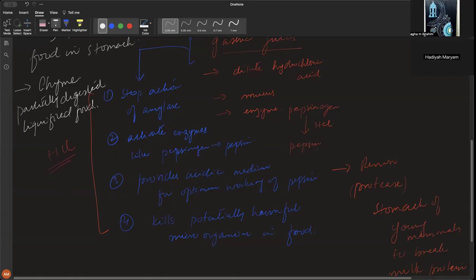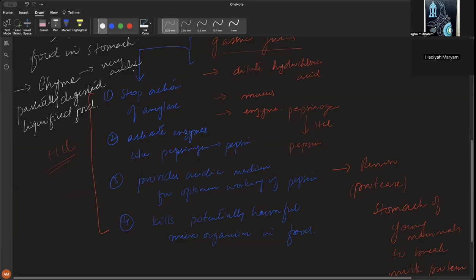So they are going to reduce the acidity of this chyme. This chyme is very acidic, and it passes gradually in a very slow amount into the duodenum, the first part of the small intestine.